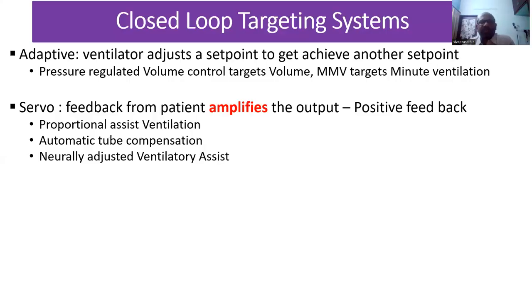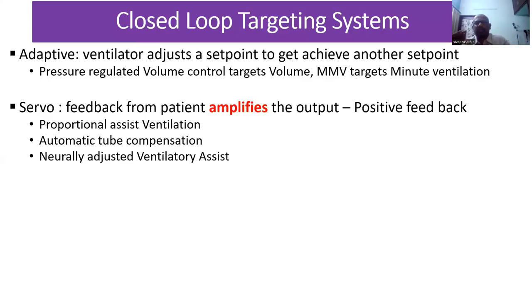The next type is called servo, where the feedback from the patient amplifies the output. So it is called positive feedback. The examples are proportional assist ventilation, automatic tube compensation, and neurally adjusted ventilatory assist. Now, the difference between adaptive and servo is that servo is positive feedback.